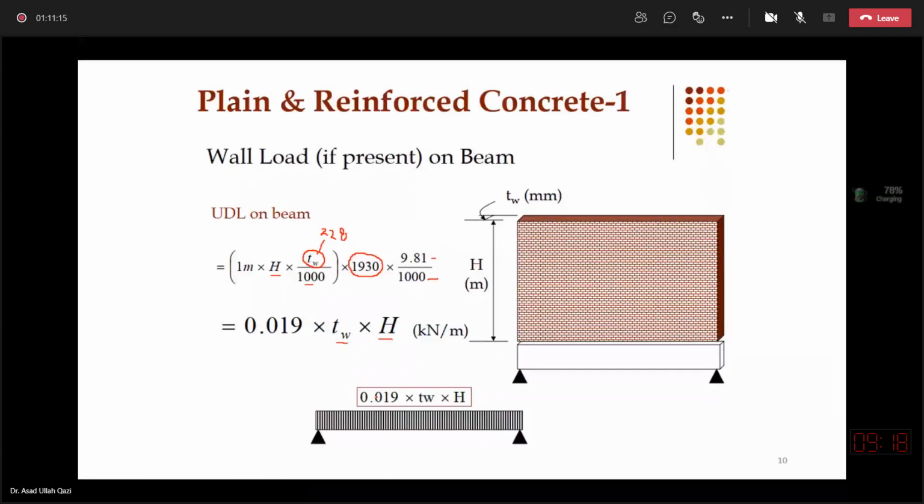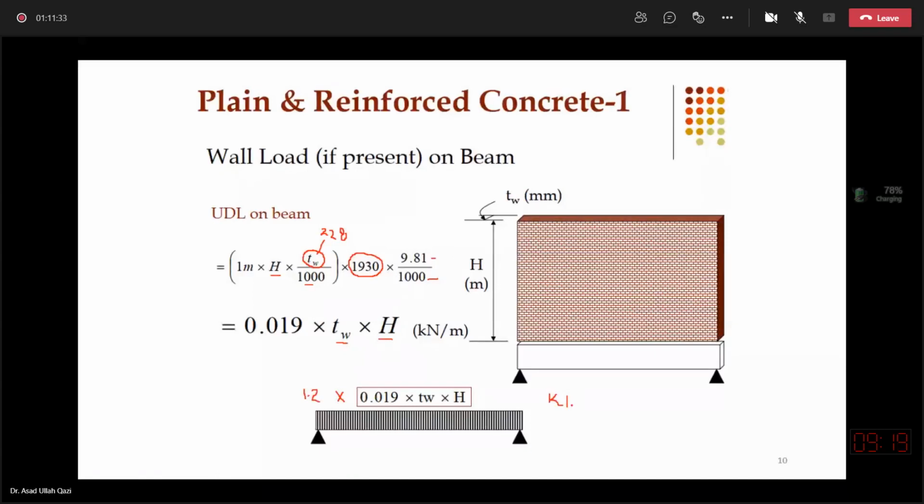Then obviously you will multiply this with 1.2 if you are working on ultimate strength design to convert it into the ultimate wall load on the beam in kilonewton per meter.